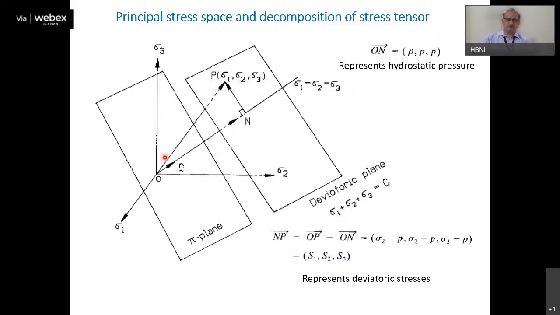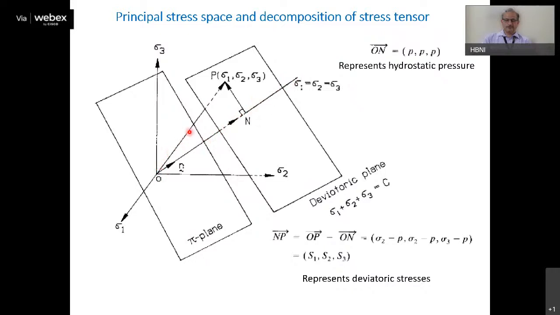We can decompose this vector into two vectors. One is the diagonal vector, where sigma 1, sigma 2, and sigma 3 are equal at all the points on this diagonal direction. So this line corresponds to hydrostatic compression.